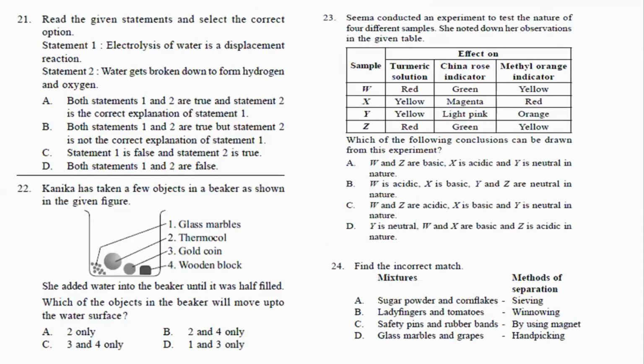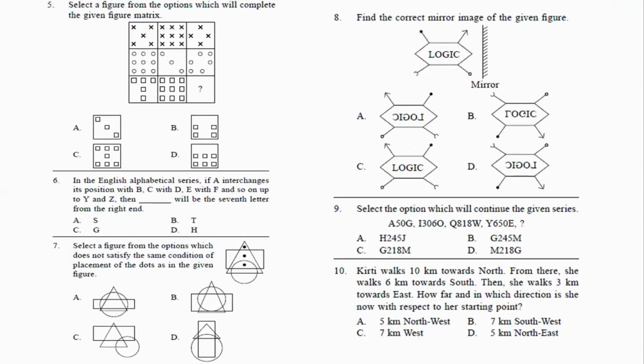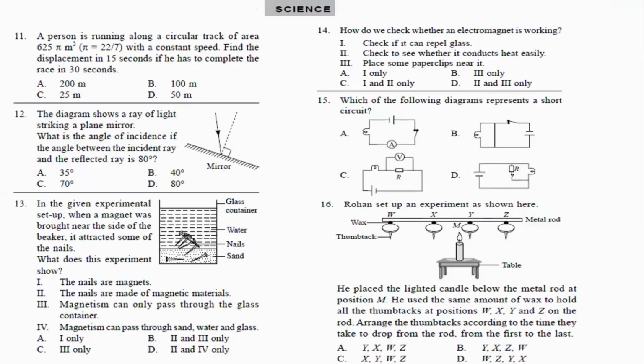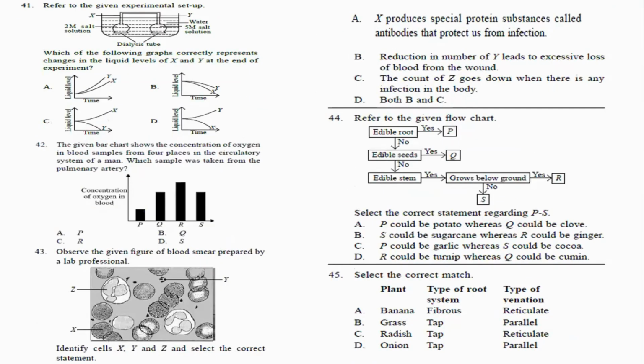The first 10 questions are from logical reasoning. These questions carry 1 mark each, right? And from the 11th question, we have questions from science subject, right? From the 11th till the 45th question, we have questions from science. These questions also carry 1 mark, right?